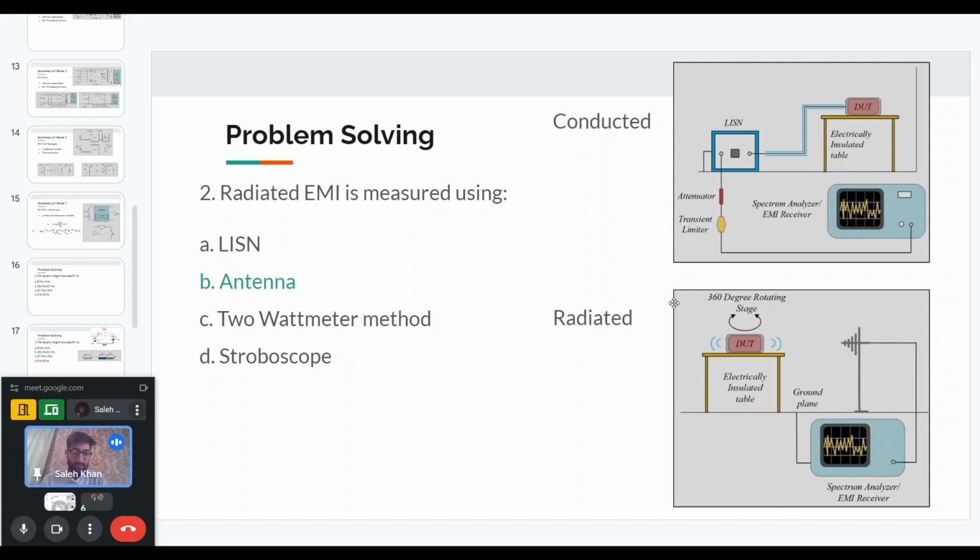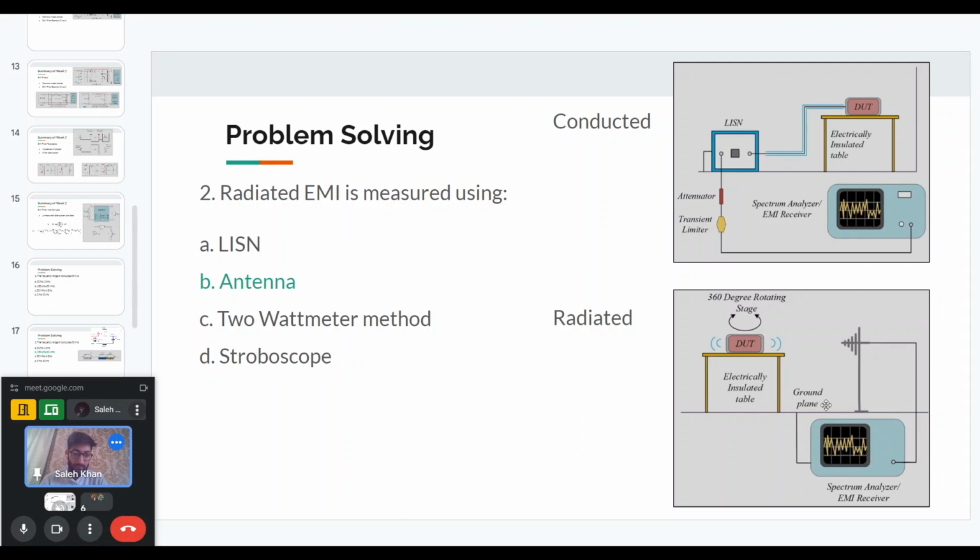But for radiated EMI, we have the device and there is no connection from it to the measurement. Whatever it radiates is picked up by an antenna, and that antenna is connected to the spectrum analyzer, which is also connected to the ground.